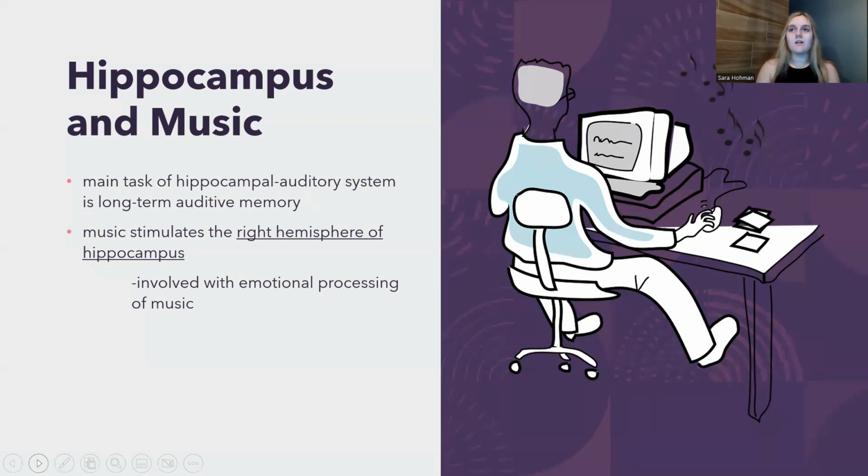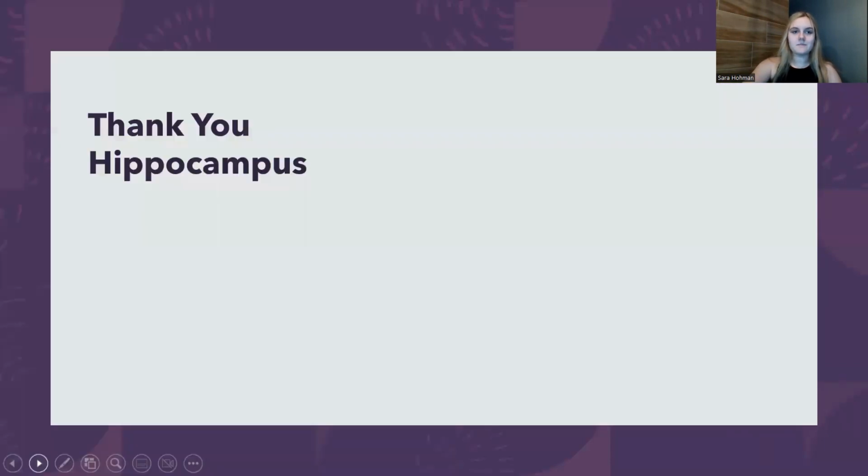Odds are, if you hear that song on the radio or in your AirPods walking to class, you're going to instantly remember those Saturdays going to dinner with your dad because of that emotional connection in the hippocampal auditory system and the long-term memory found in the right hemisphere of the hippocampus.